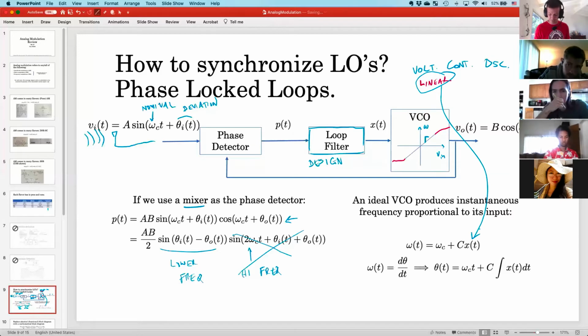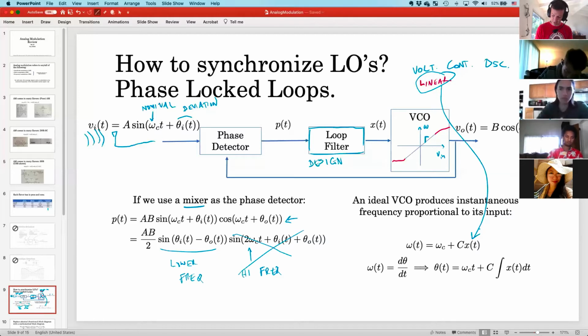Okay, so if this gives an expression for the instantaneous frequency of the output of the VCO, then I can talk about the instantaneous phase of that signal in terms of it. I'm starting to use terms that I hope were introduced in 314, things like instantaneous frequency and instantaneous phase, the instantaneous frequency being the derivative of the instantaneous phase, and the instantaneous phase being the net angle inside of your sine or cosine.